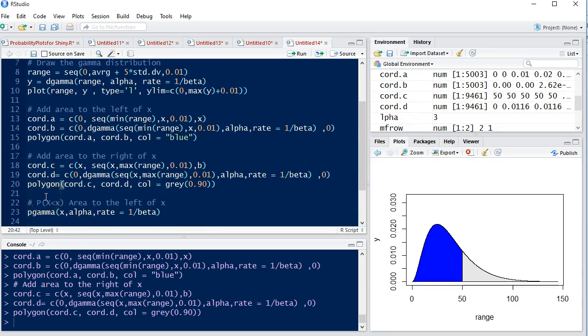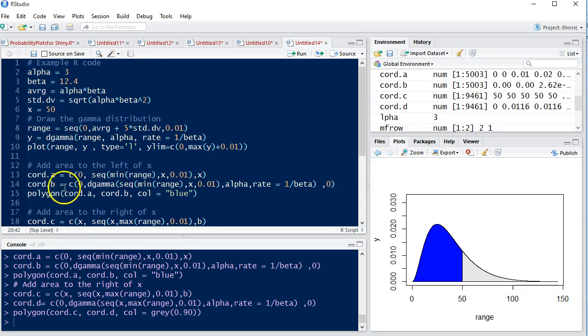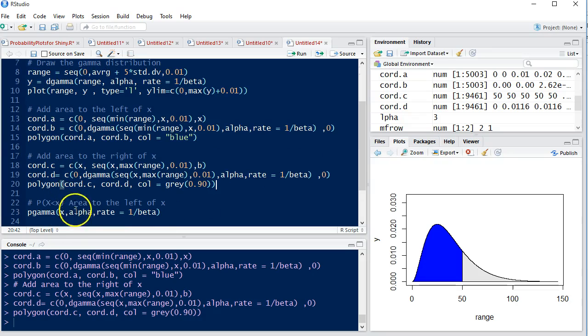So what we can do to use software to calculate that is use this command pgamma, where p stands for the cumulative probability and gamma is then the distribution that we're interested in. X is the value. Recall this is 50 from above up here. Our alpha will be 3, and we defined that above. And then we have something called the rate parameter.